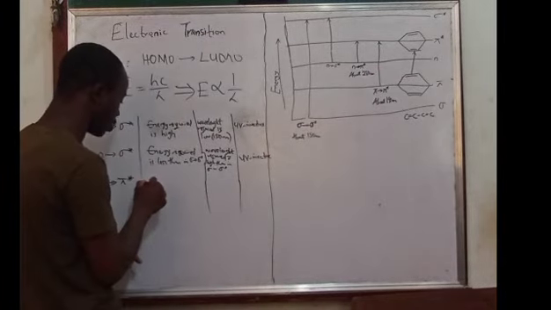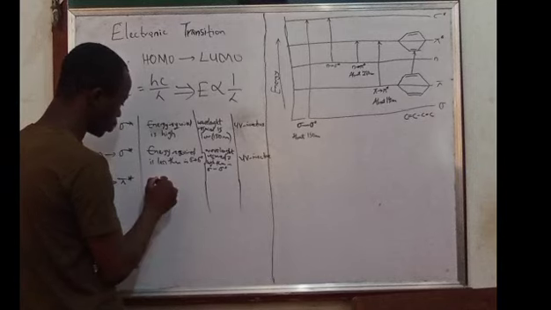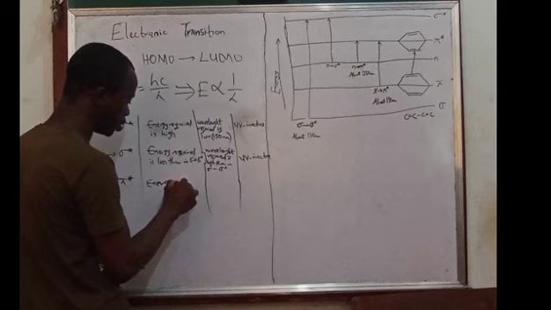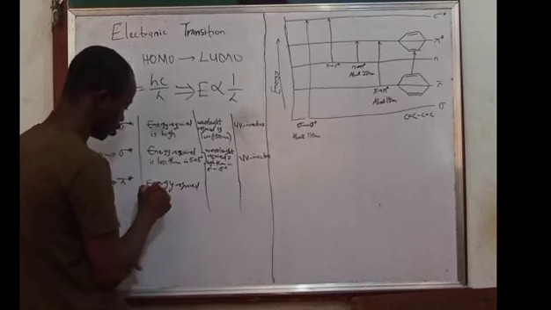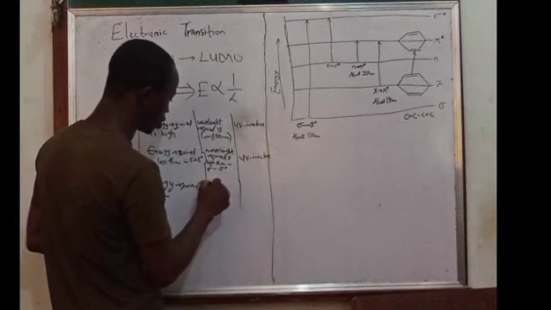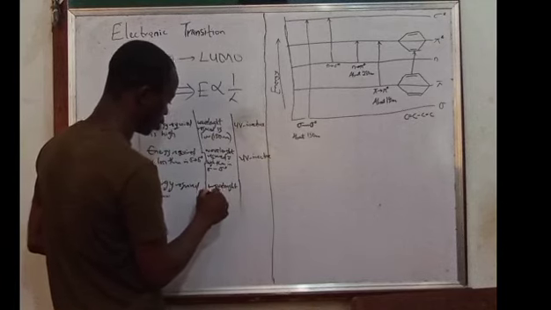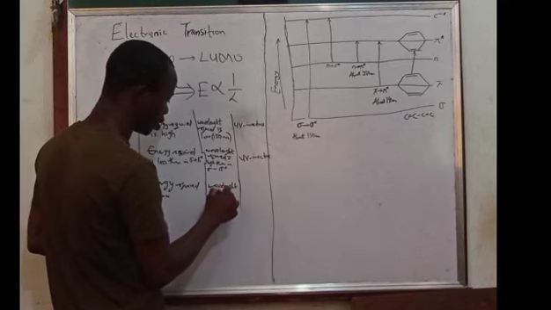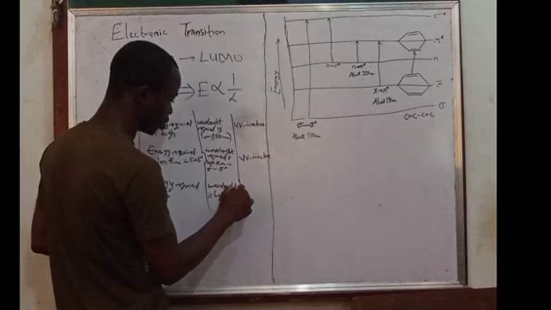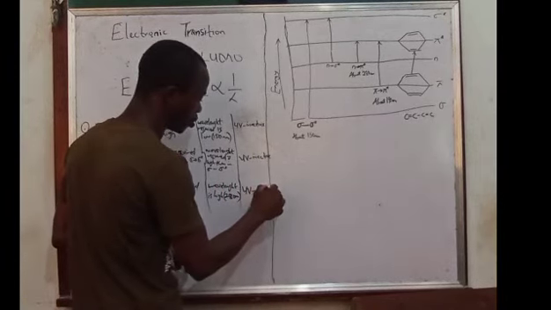So we can say the energy required here is low, the wavelength is high, about 280, and then it is UV active.